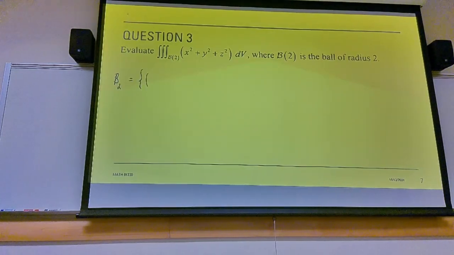What coordinate system do you want to use? Spherical. So describe it in spherical coordinates.